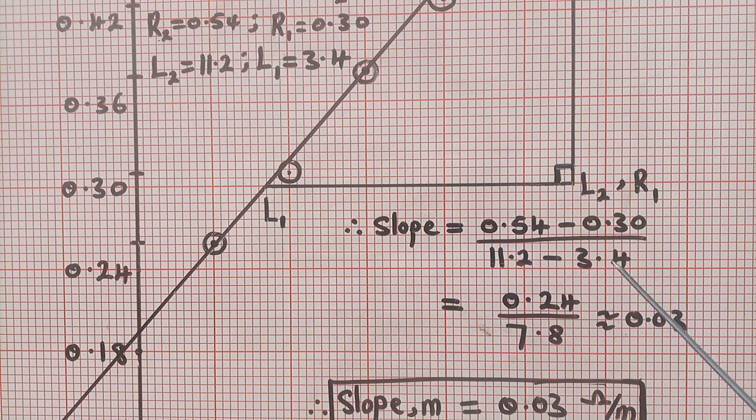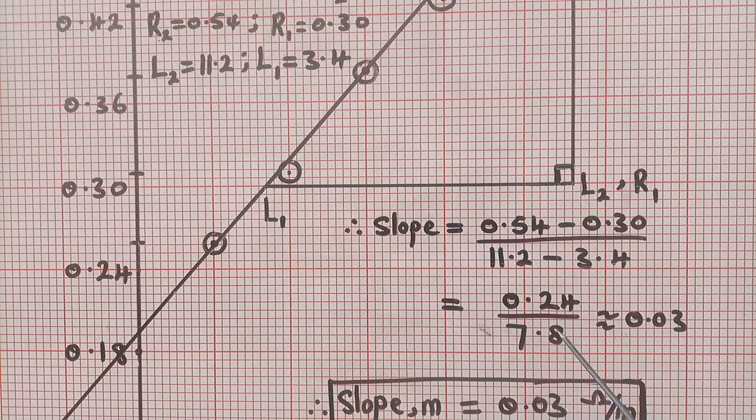Now, we simplify. 0.54 minus 0.30 is equal to 0.24. Also, 11.2 minus 3.4 is equal to 7.8, which means that this has condensed to this.